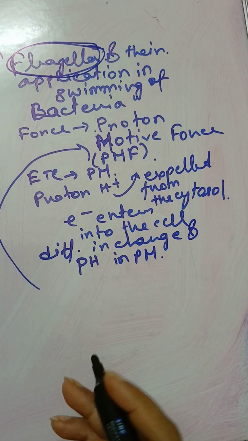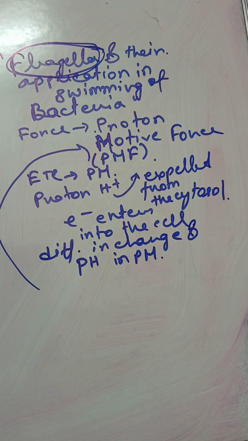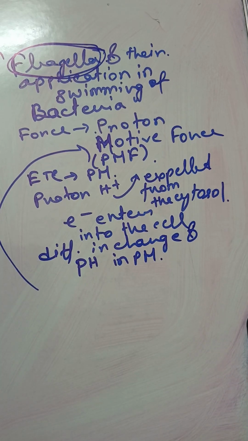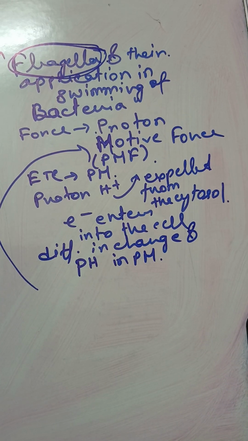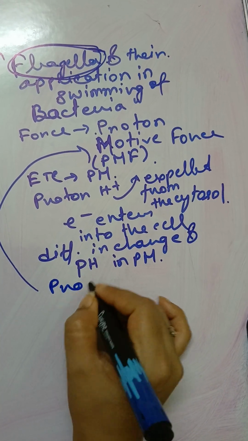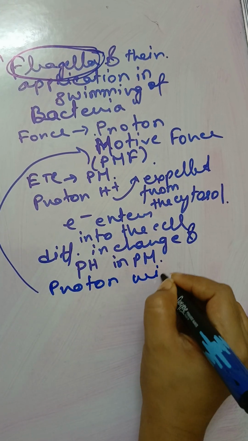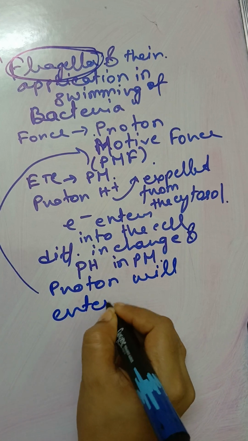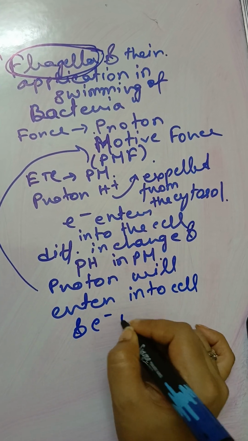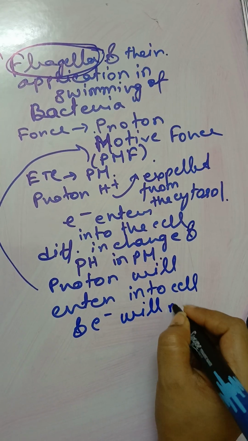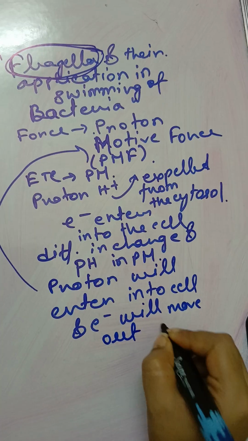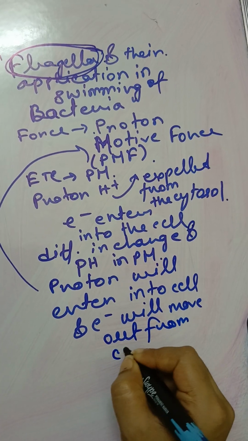Now, whenever flagellar movement is needed for the bacteria to swim or to run, not the tumble, what happens? Protons will enter into the cell and electrons will move out from the cell.